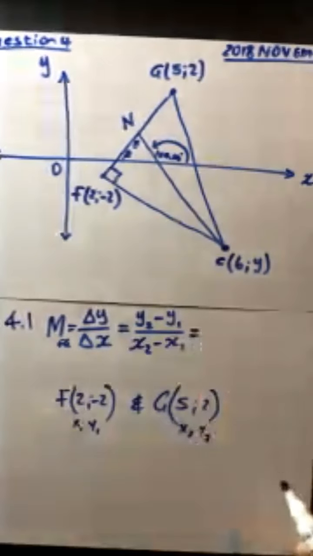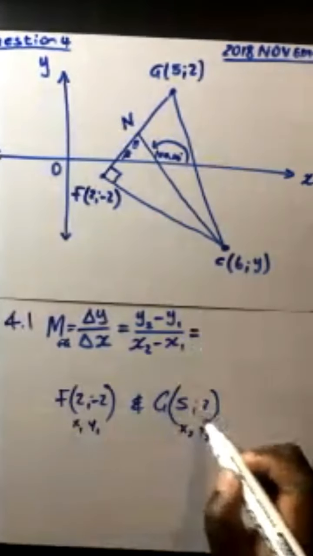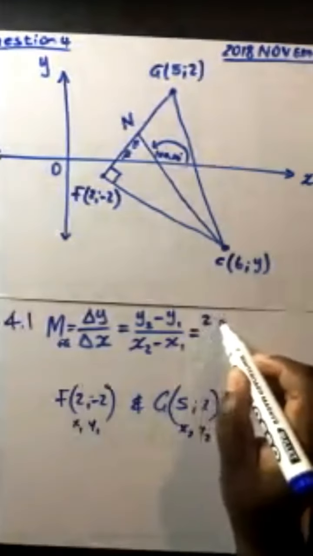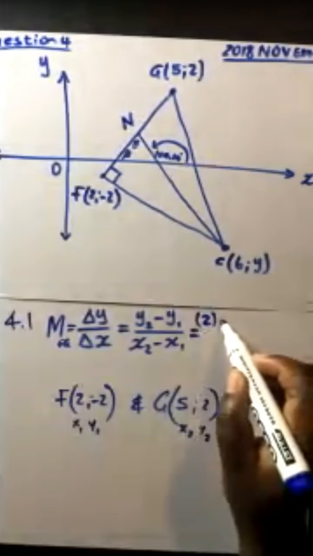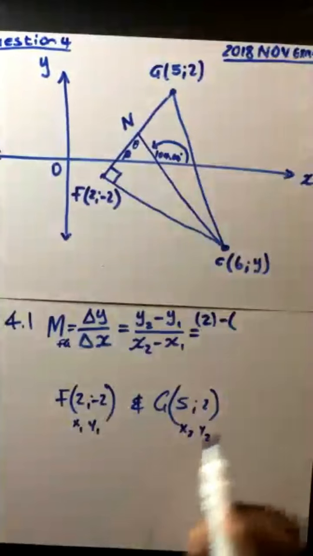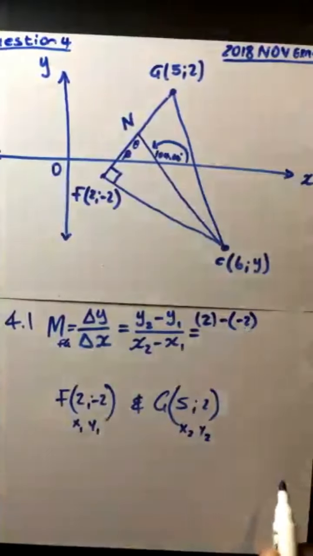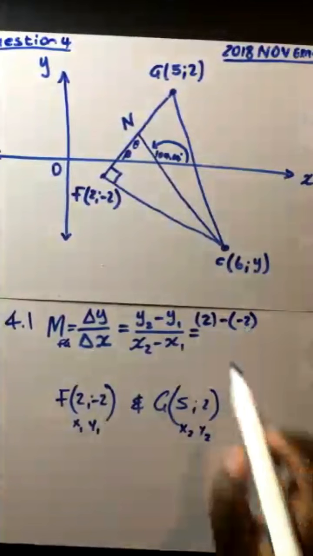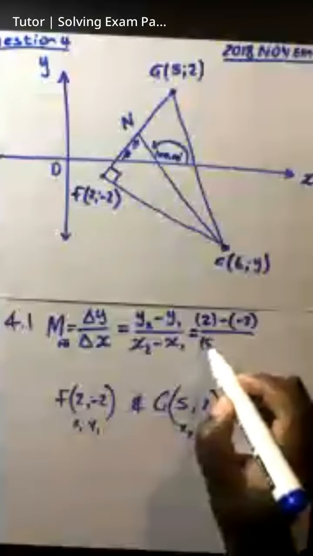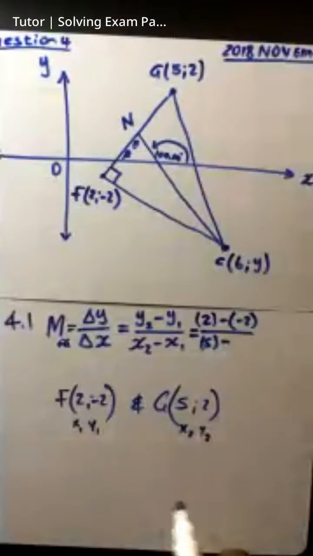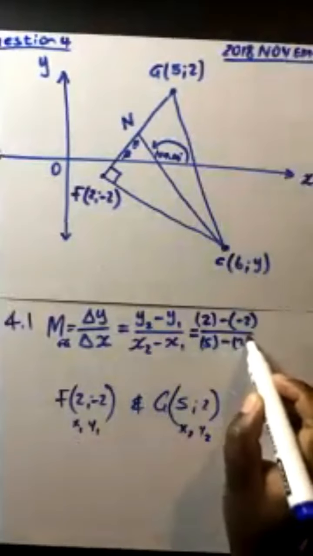So when I substitute, it becomes easy. 2 is my y1. Remember, guys, in brackets, minus, what is my y1? Obviously, it's negative 2, divided by my x2, which is 5, minus my x1, which is 2.